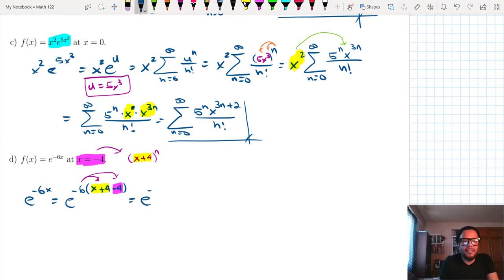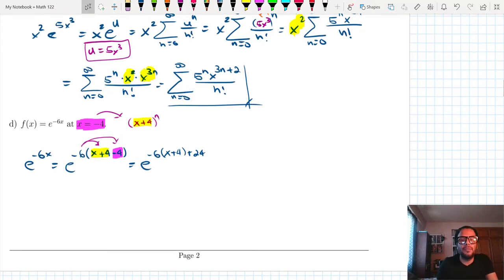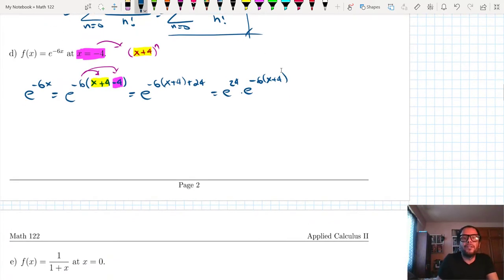e to the negative 6 times x plus 4. Negative times a negative, this is 24 plus 24, and by the same law of exponents, I'm going to have e to the 24 that multiplies e to the negative 6 times x plus 4. In this case, I'm going to take u to be negative 6 times x plus 4.